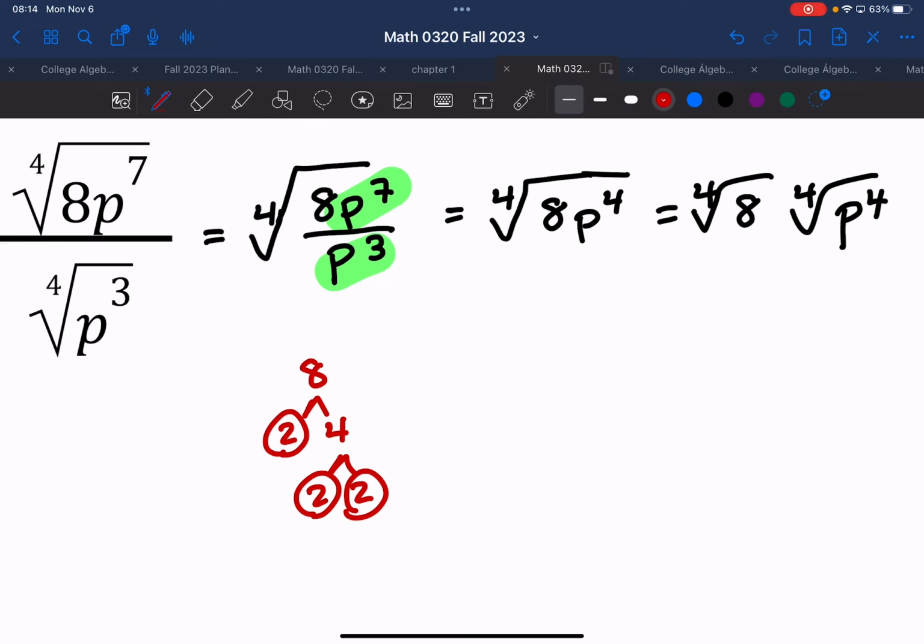Can we make a pair of 4? No, so what does that tell you about the 4th root of 8? It's already simplified. We can't simplify further. Can't make a pair of 4.